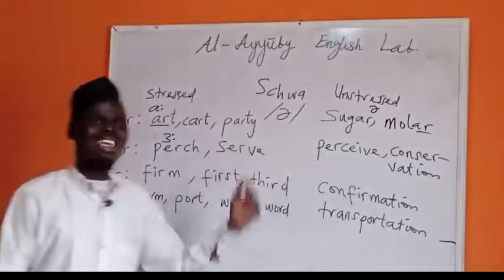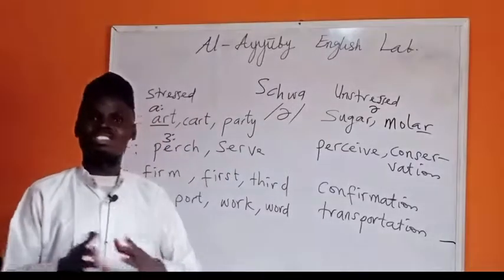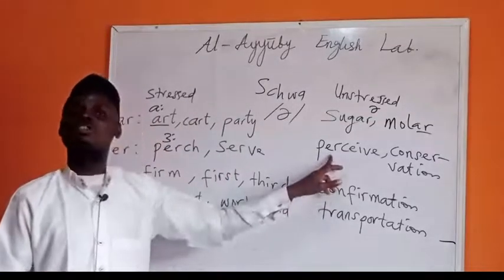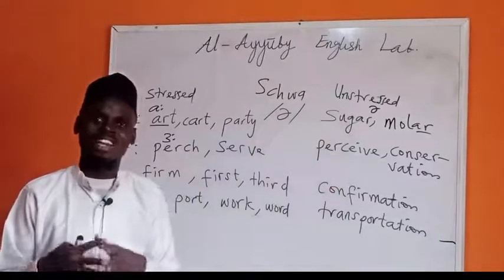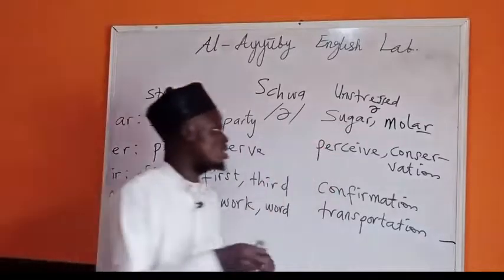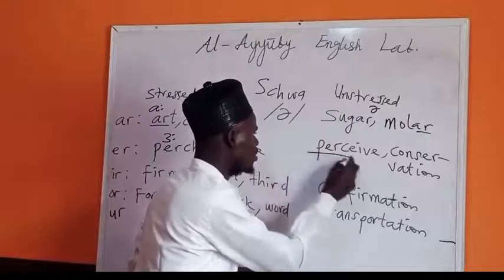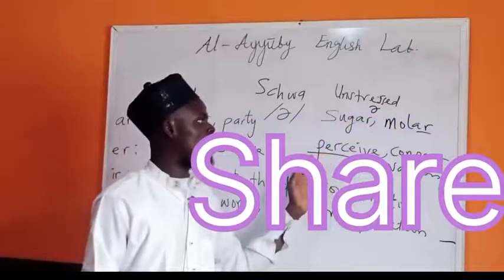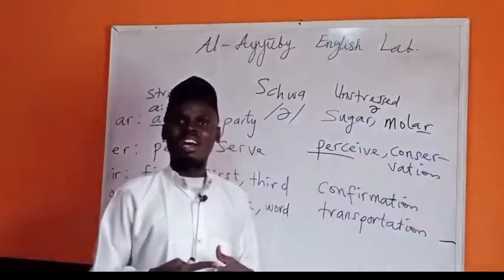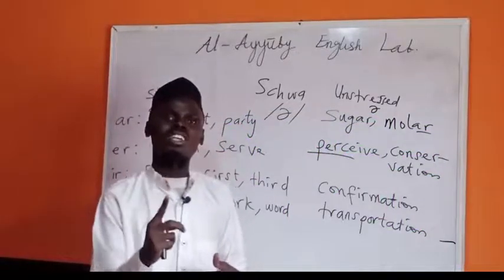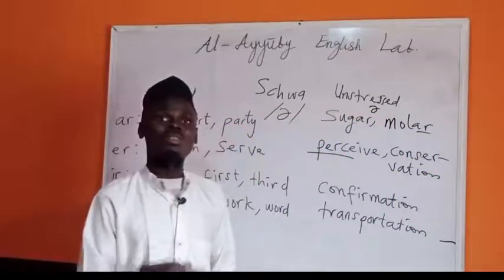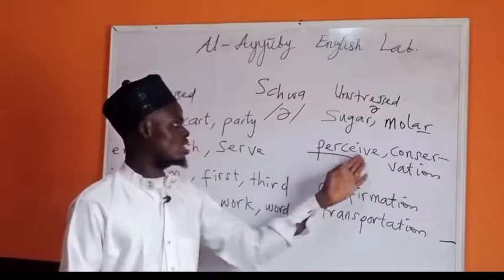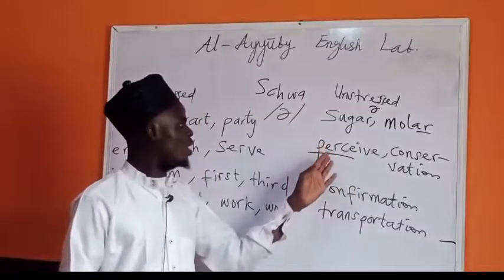Now, when this ER is found in a syllable that is not stressed, you know that the ER is weak and the schwa is there to override it. Now we have this word. It's a verb and it has 2 syllables. The first is per and the second is ceive. And the rule says we stress the verb that has 2 syllables on the second syllable. So we have to stress this, and this is not stressed.